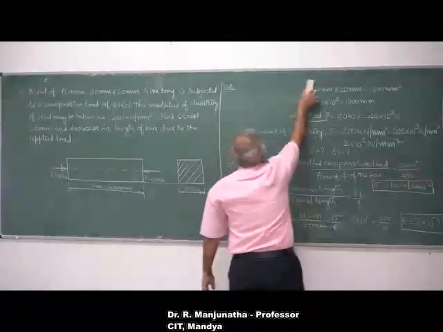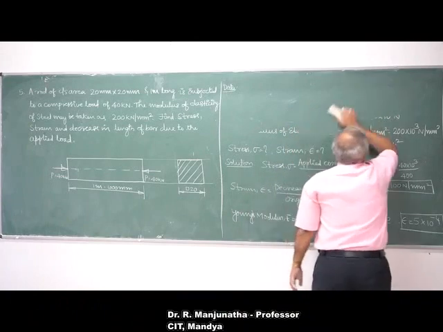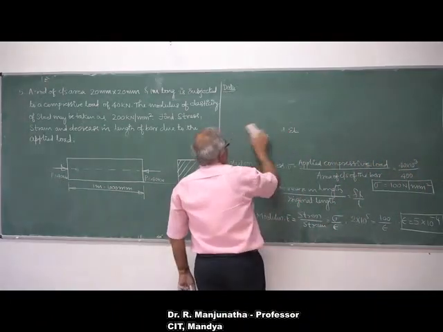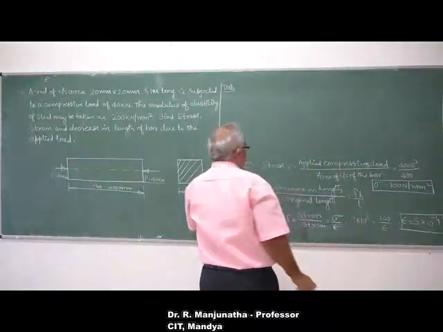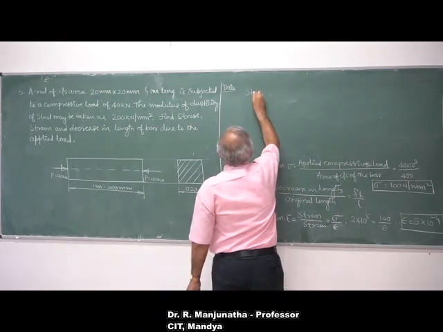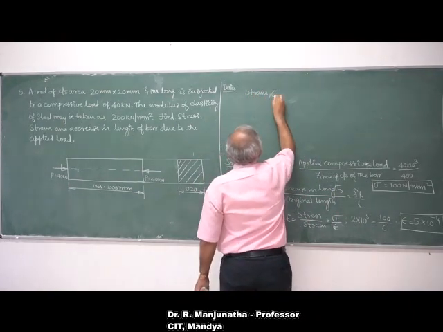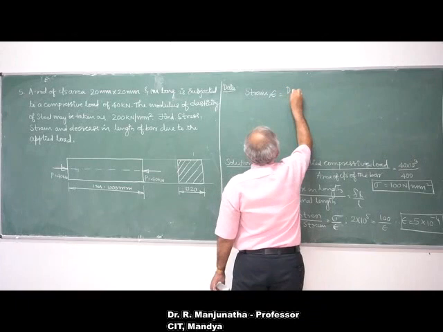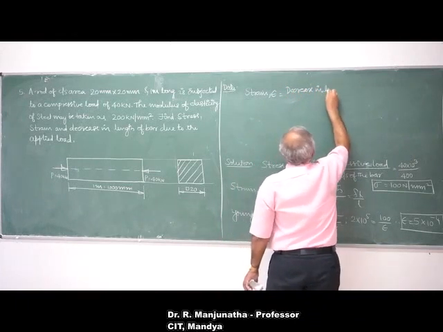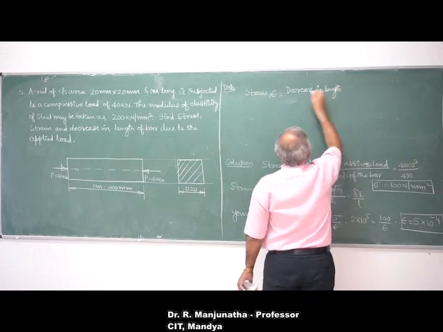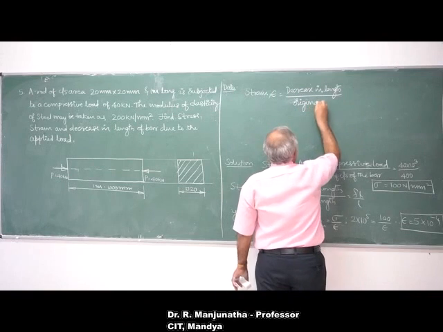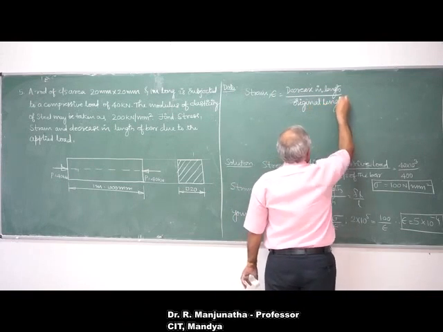The strain, which is epsilon, is given by the decrease in length by the original length, that is delta L by L.